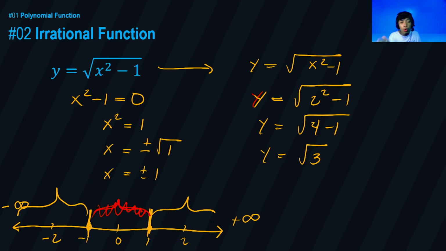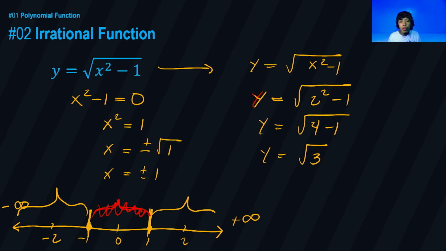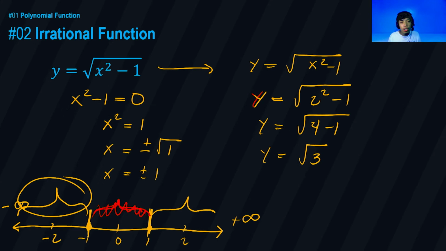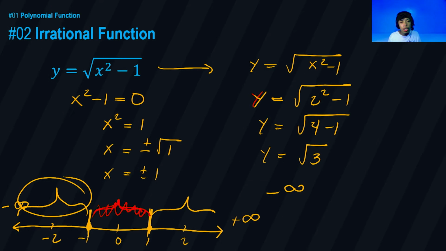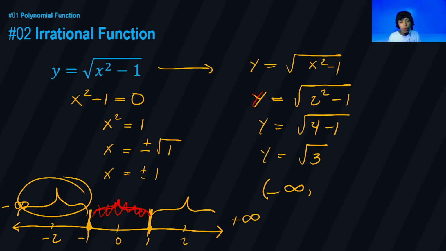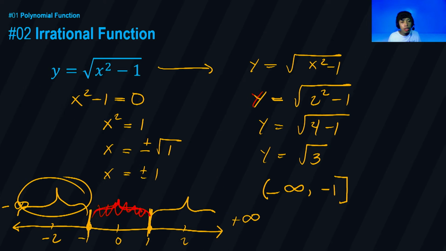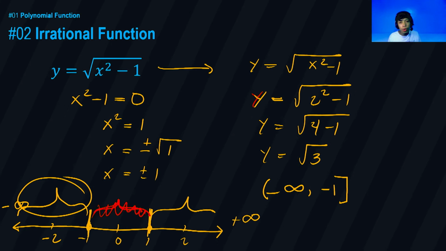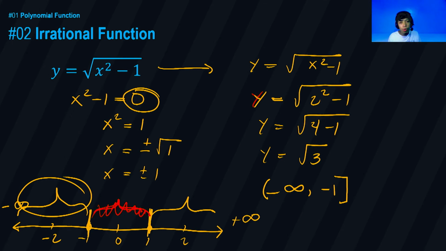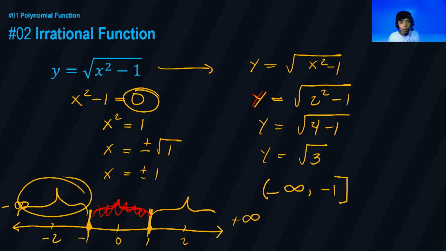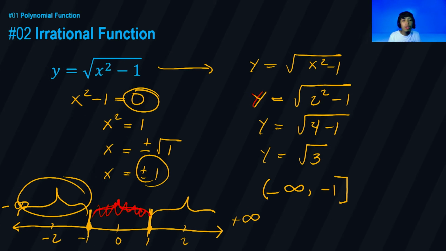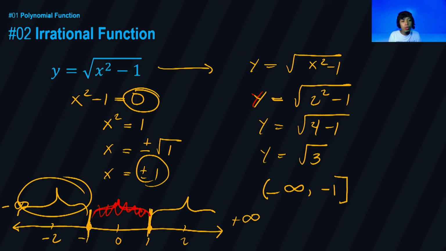Now, how would you write that? Adding the regions, that is negative infinity to negative 1. Negative 1 is included, right? Because when x is negative 1, the value of your radicand is 0. We can equate that to 0 to get the values of negative and positive 1. So negative 1 is included.